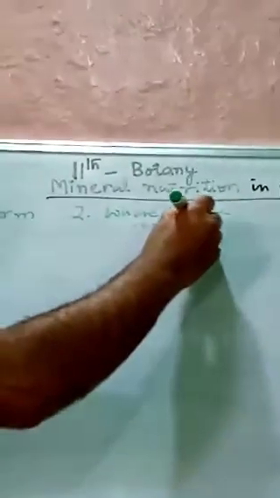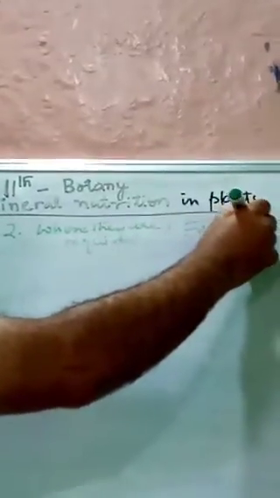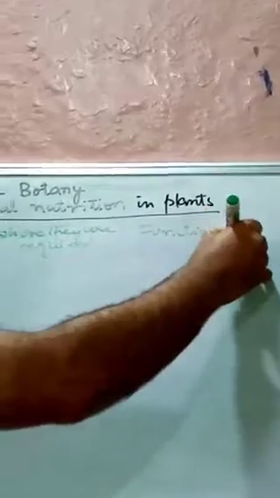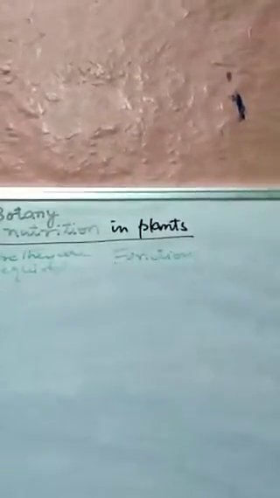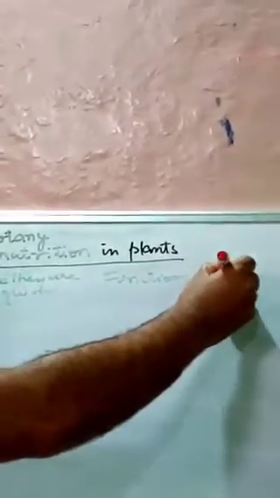Third अगर हम बात कर लेंगे, that is their functions. And fourth one जो हम उसमें देखेंगे, that is the deficiency. What are the deficiencies? If these are absent in the plants, what will be their deficiency?